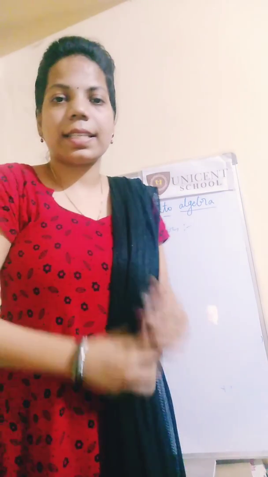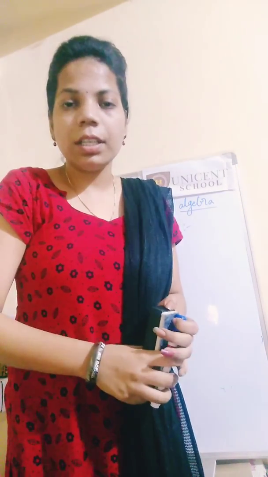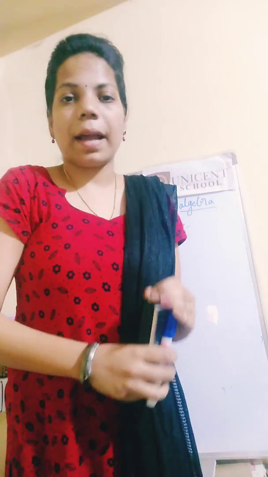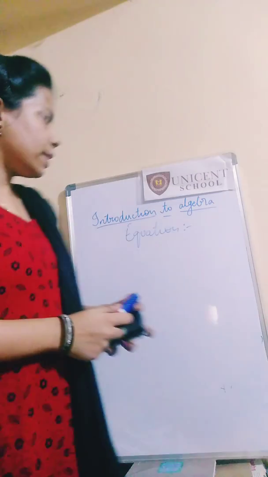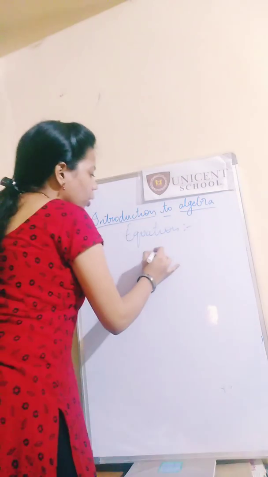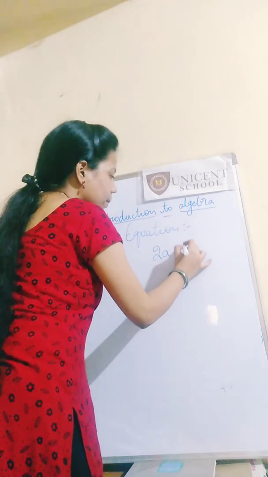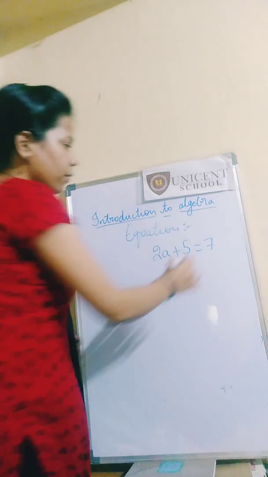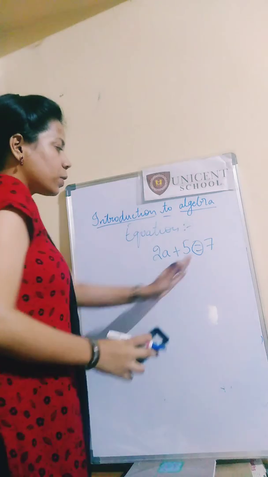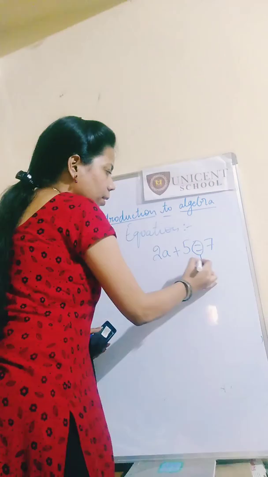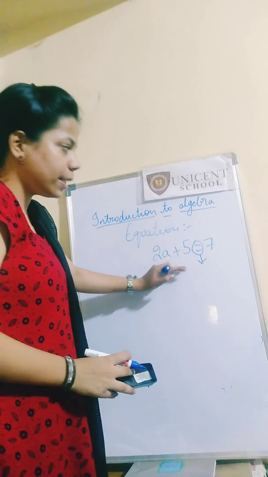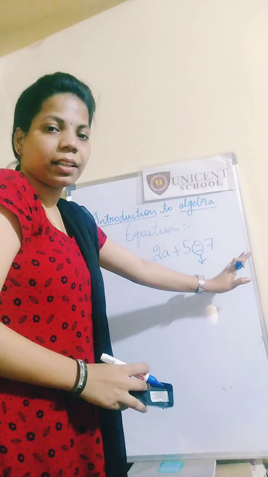An equation is an algebraic expression which represents the equality of two mathematical statements. See here, 2a plus 5 is equal to 7. Here we have the equal to symbol, right? So this equal to symbol represents that left hand side is equal to right hand side, right?